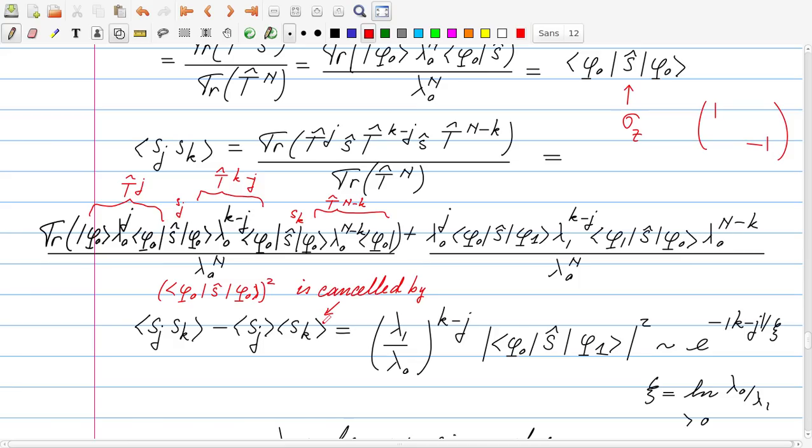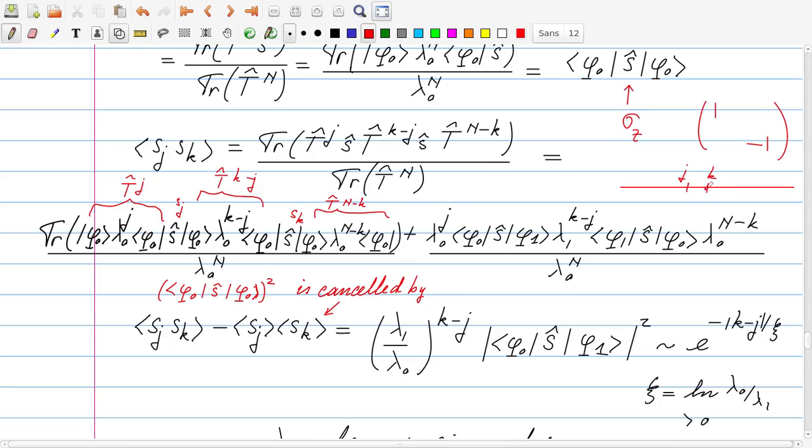Well, then we should consider what the next term is, which is contributing to the expectation value. And because k minus j is a lot smaller than n, I have only, remember this picture where I had my chain, and here is my j and here is my k. So this is the shortest distance.